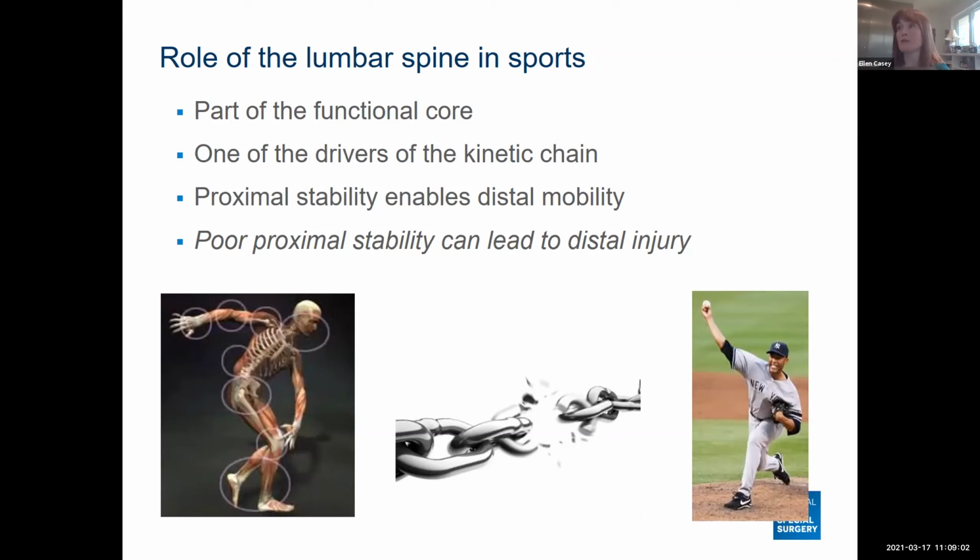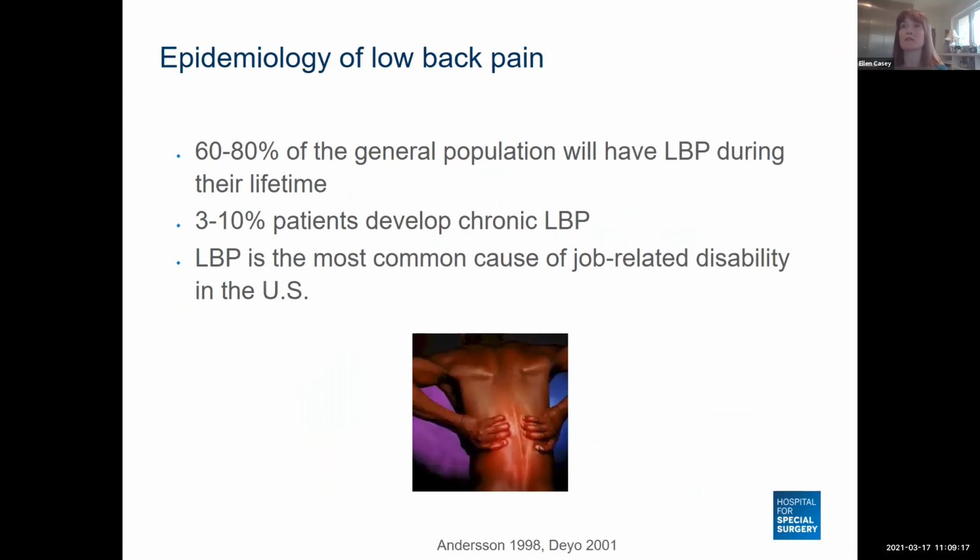So proximal stability, we know, is critically important, not only to protect the spine itself, but to protect the further distal segments like the elbow, the wrist, the knee, and the foot and ankle. And that's really why, beyond back injuries in and of themselves, the spine is so integral to sports medicine.